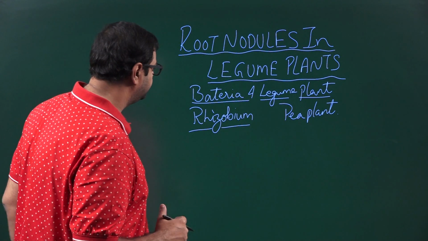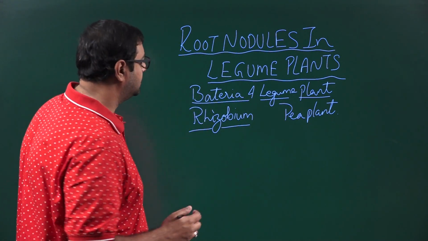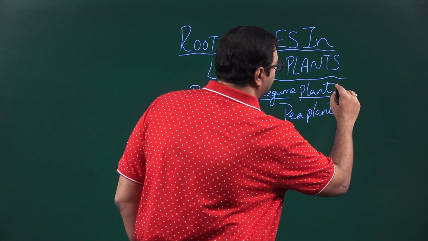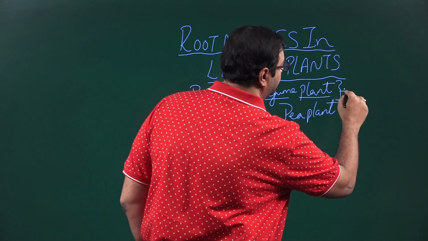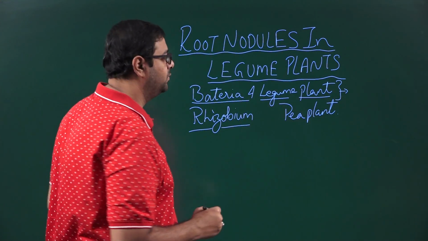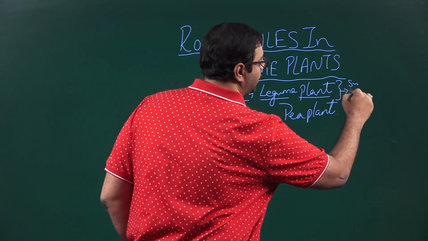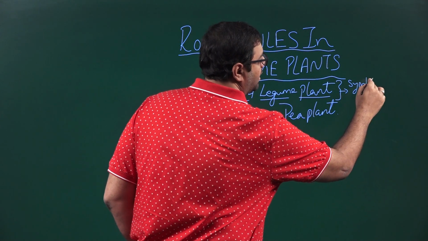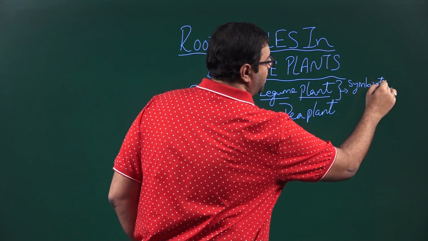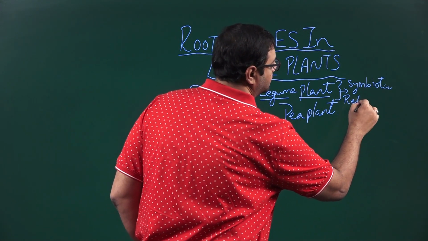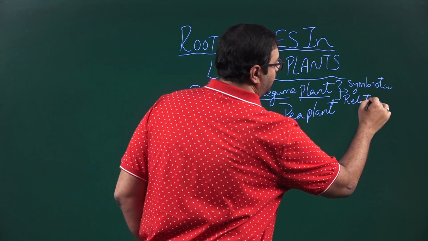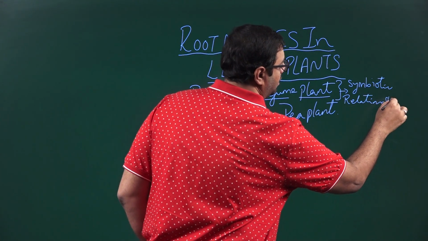Now this is a bacteria and legume plant. They come under a relationship which is called symbiotic.